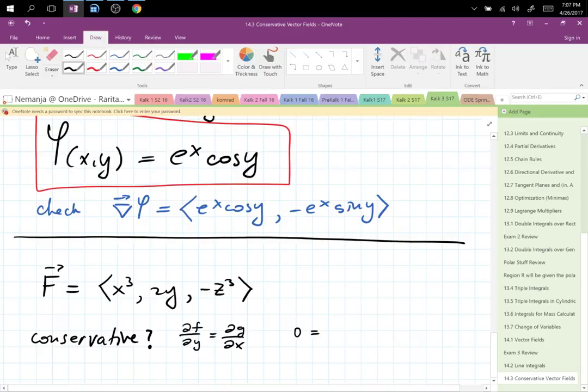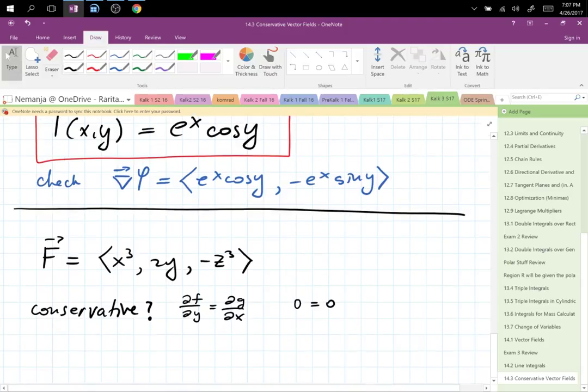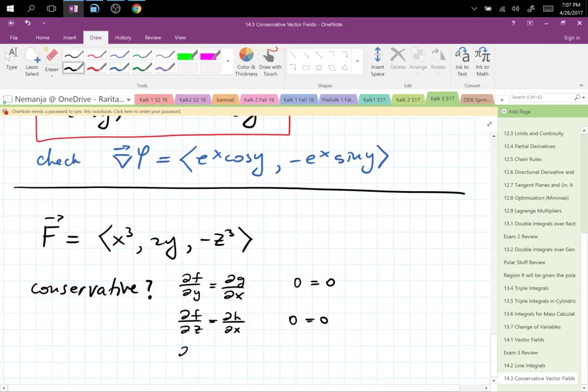Partial g with respect to x is 0. 0 equals 0. Okay. Partial f partial z equals partial h partial x. You're just mixing x and z. 0, 0 again. Thank you. Partial g partial z equals partial h partial y. Beautiful. All three conditions hold, therefore this is a conservative field, therefore a potential function exists.